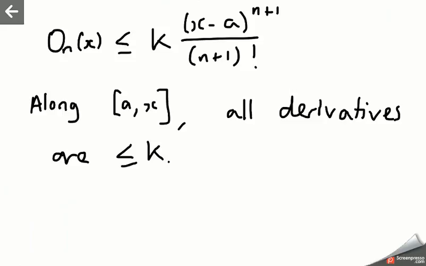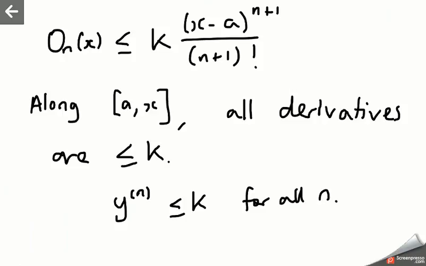And let's suppose that the function can be differentiated infinitely many times. So in other words, y^(n) is less than or equal to k on that interval for all n.